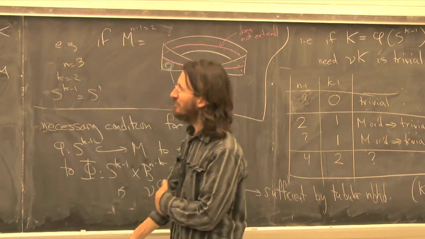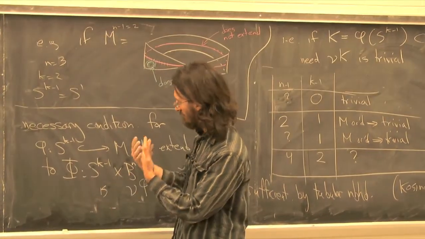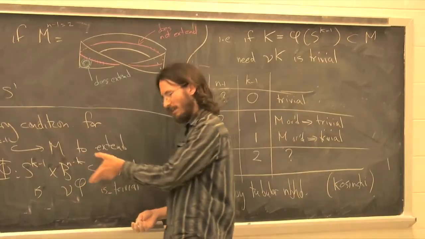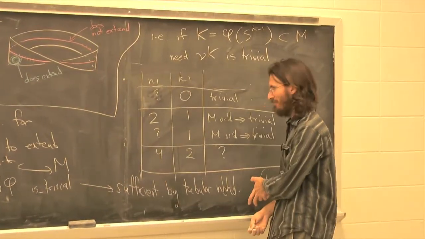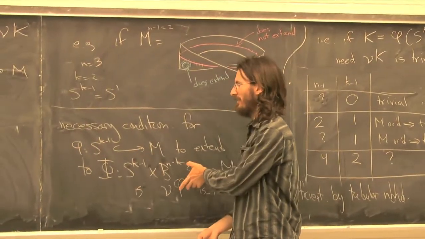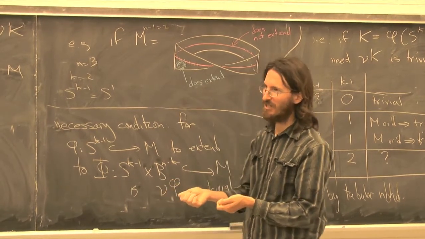And so you can use the trivialization, if you implement that proof starting with the trivialization, you will get a particular embedding. And then two different embeddings corresponding to the same trivialization.